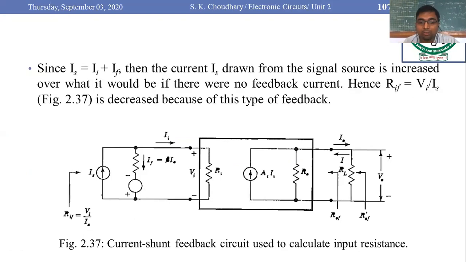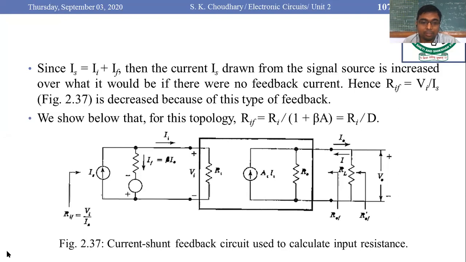This diagram is shown to illustrate this thought, when you return the signal in the shunt manner. This is the diagram of current shunt feedback. In this diagram you can see the feedback signal IF is returned to the source signal IS in parallel, or in shunt manner.